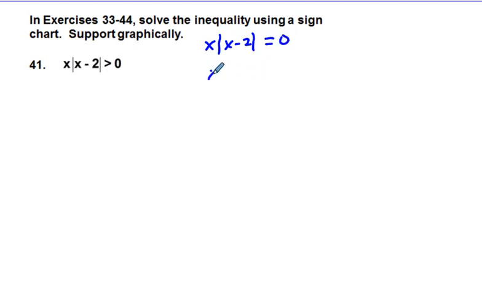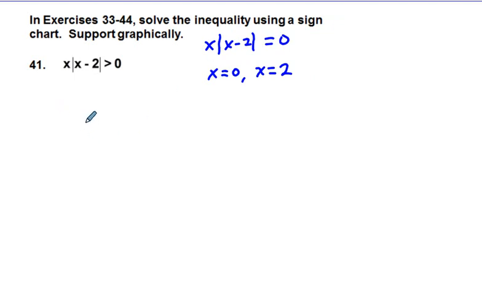So we have x equals 0 as one critical number, and also x equals 2, because if we have x minus 2 equals 0, that's what we'd have. Either one of these values, 0 or 2, will be solutions to this equation.